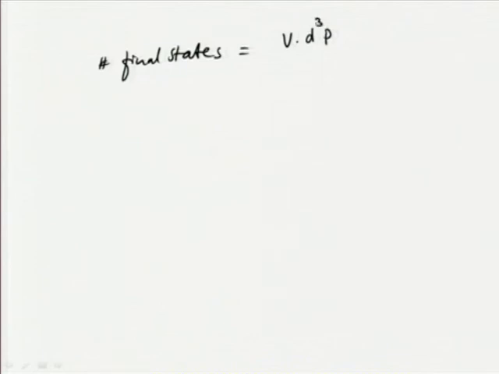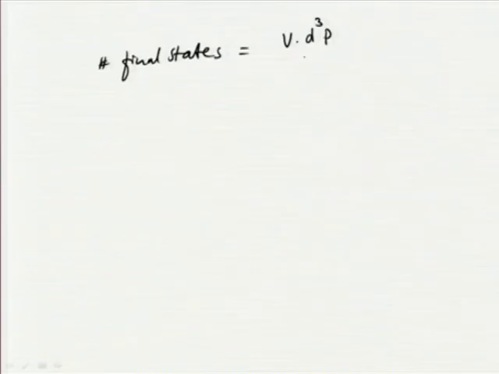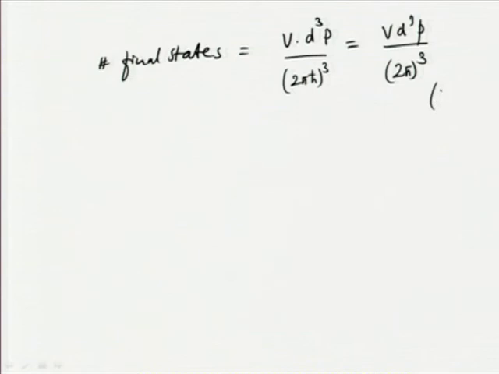When we consider a volume element between P and P plus dP, then it is V d3P over h cube, 2 pi h cross cube, and since we are taking h cross to be equal to 1 in our units, this is (2 pi)^3.